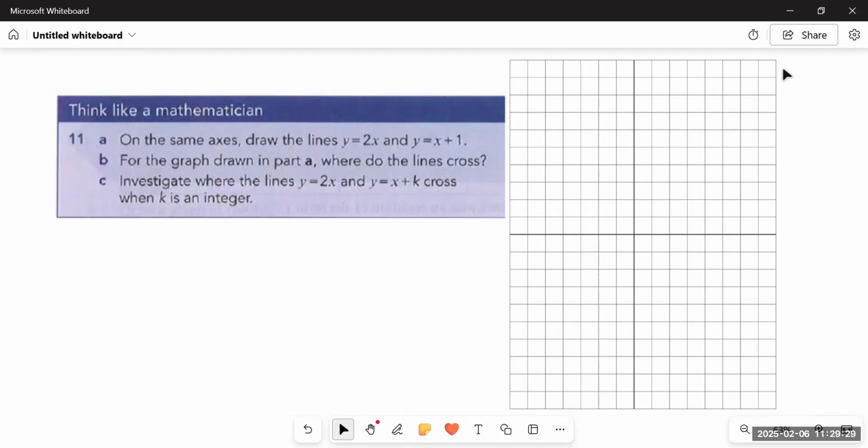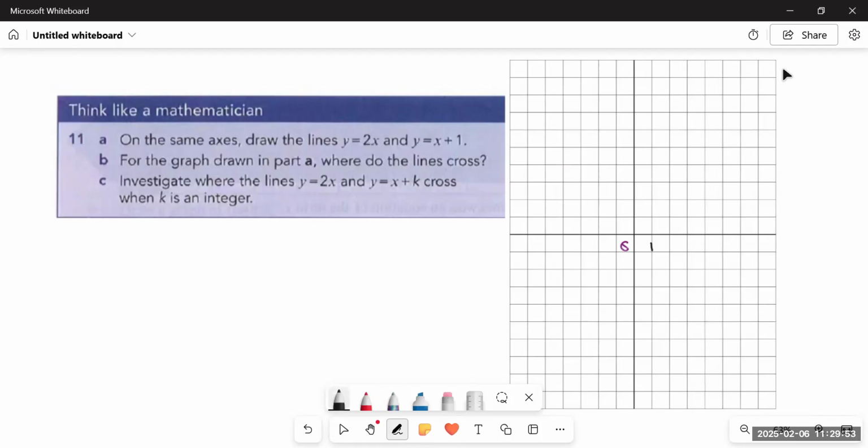Whatever is the value of x, we just have to add 1 to it to find the value of y for the second line. But whatever is the value of x, we just have to double it to find the value of y for the first line. So we have to draw these two lines on the same axis. Let us mark the origin at the center, right?